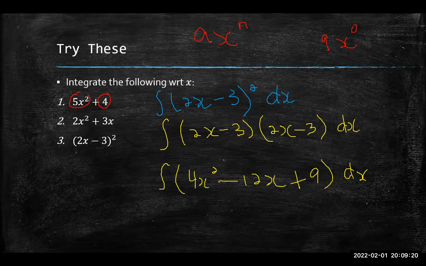That's the definition of squared, something multiplied by itself. Just like 2 squared is the same as saying 2 multiplied by 2, which is 4. So (2x - 3) squared is (2x - 3) multiplied by (2x - 3).